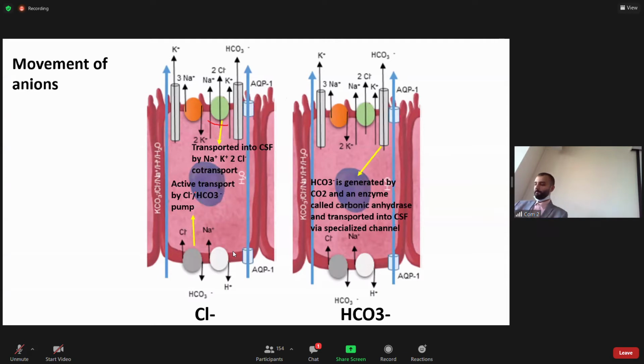Now with bicarbonate, which is very important for buffering and maintaining a regular pH, bicarbonate is locally made within the ependymal cell by the joining of carbon dioxide with water.